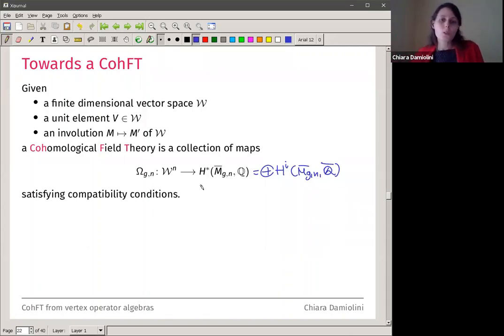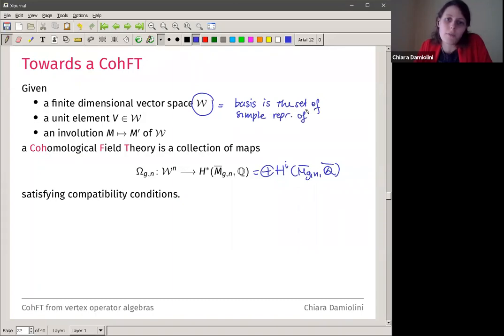And what we would like to do is to construct a cohomological field theory where the space W is the space whose basis is the set of simple representations of V. And the involution just sends a module to the contragradient, which just means the direct sum of the dual of each single piece.